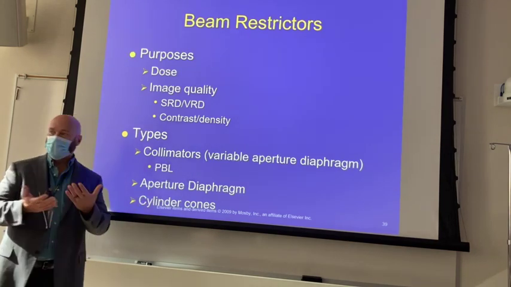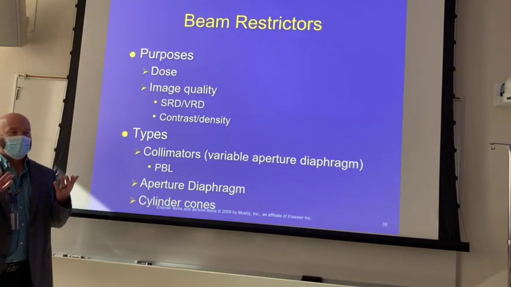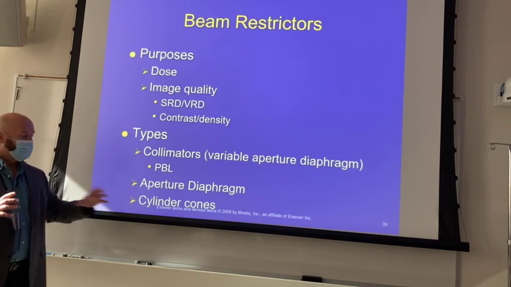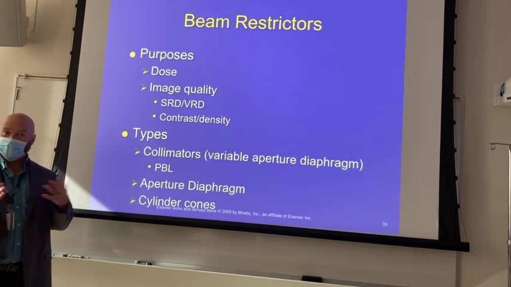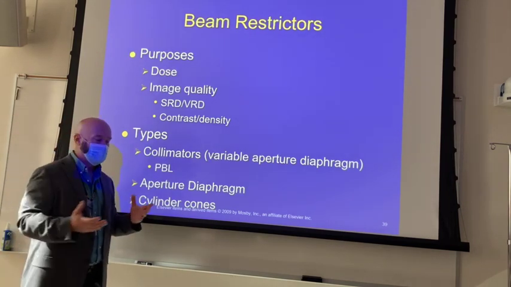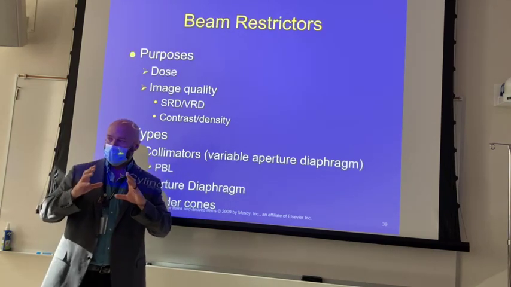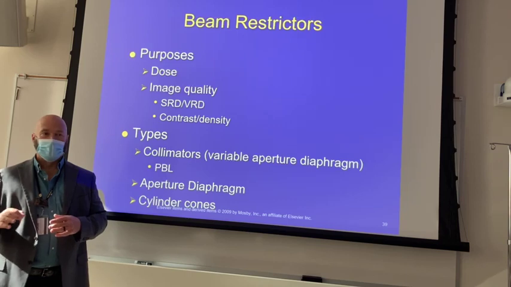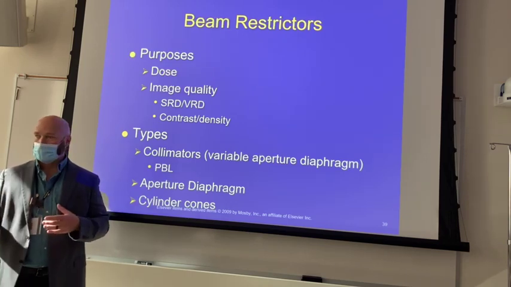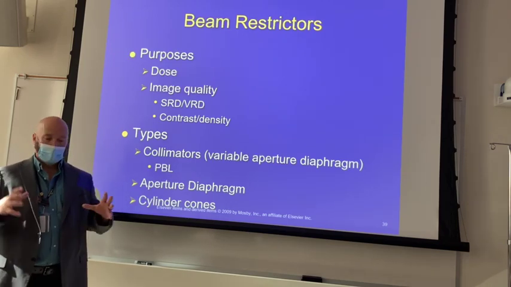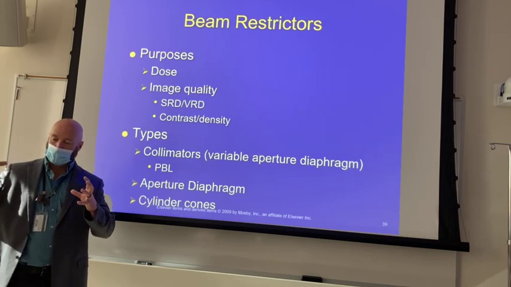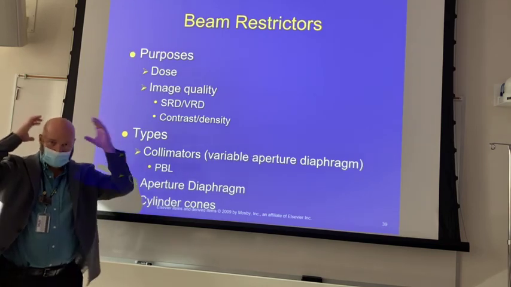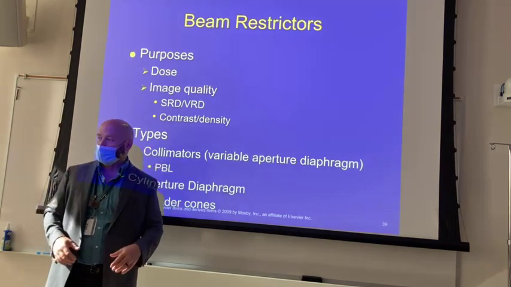Probably don't see cylinder cones all that much anymore. The cylinder cones are kind of like 3-dimensional collimators, so they may extend, that's what you would call an extension cone, but they attach to the collimator housing and stick out away from it a little bit. They were great for doing sinuses, since we just came through sinuses, because you could put this extension cone on your collimator housing and extend it all the way up to the patient's skin level.